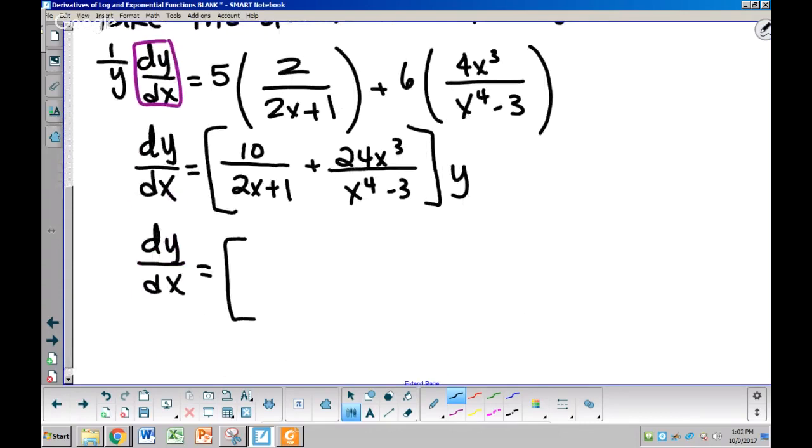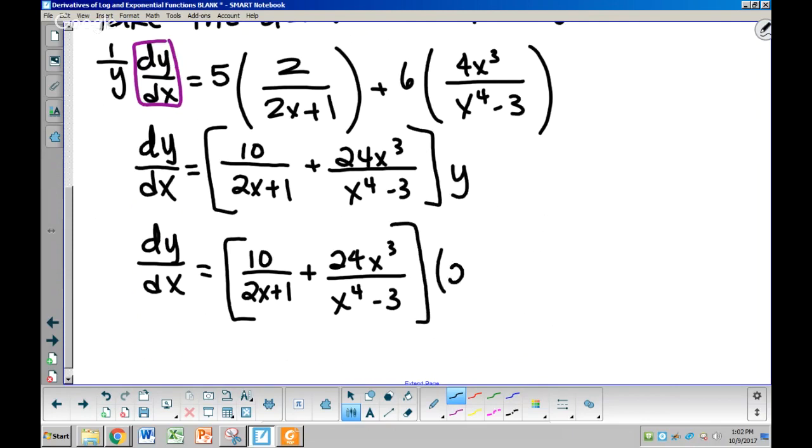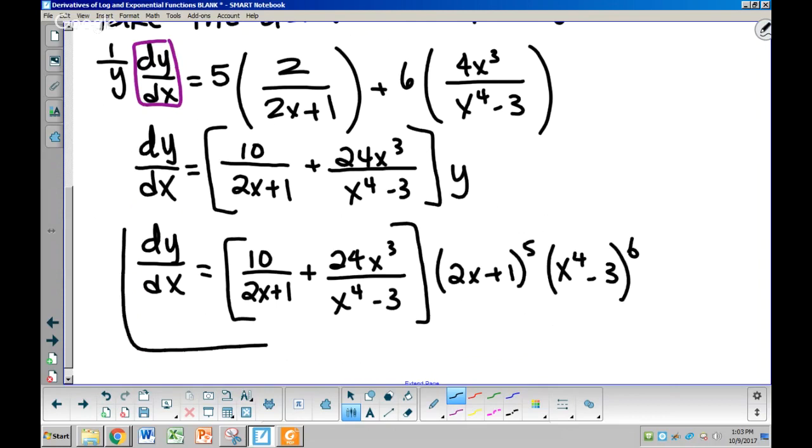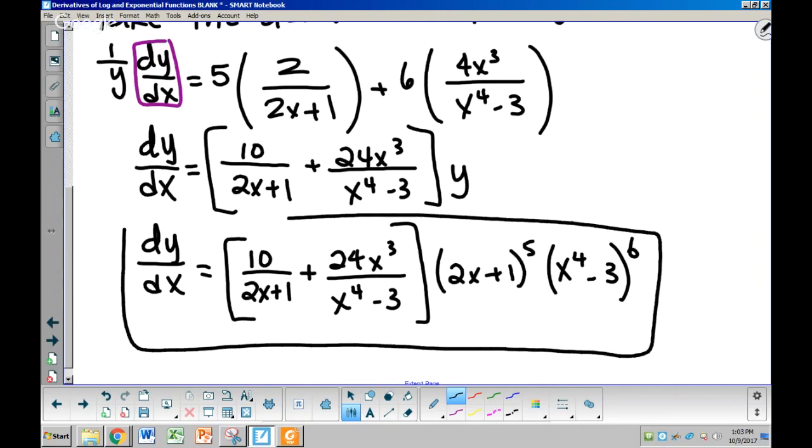So I could rewrite this as 10 over 2x plus 1 plus 24x to the 3rd over x to the 4th minus 3, times (2x + 1) to the 5th times (x to the 4th minus 3) to the 6th. And that would be the derivative as a function of x. And if you had a value for x, you could give me the slope.